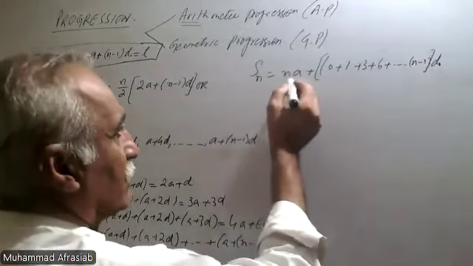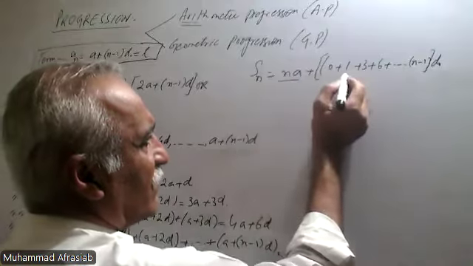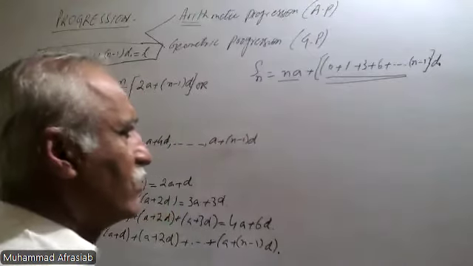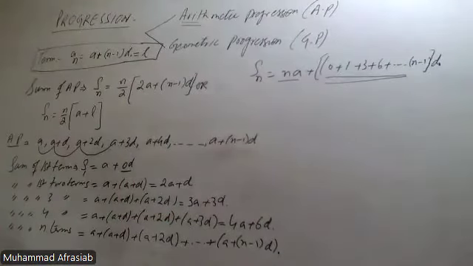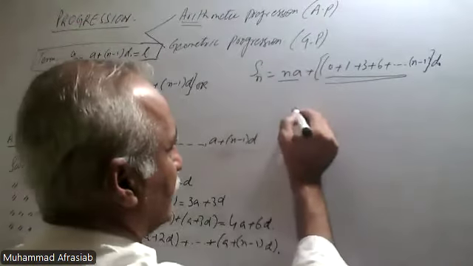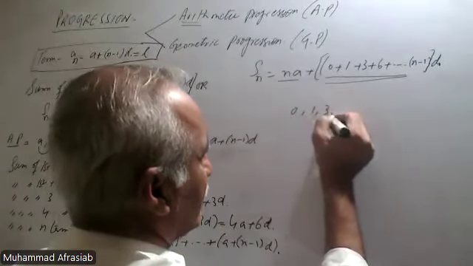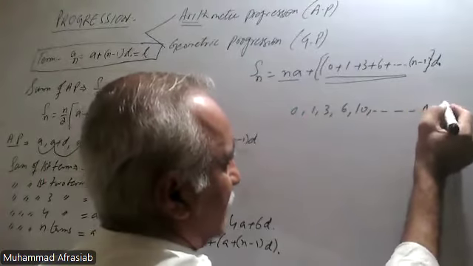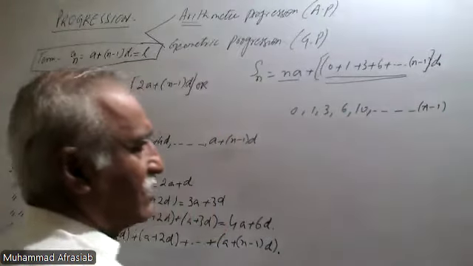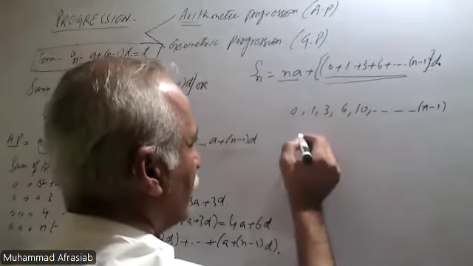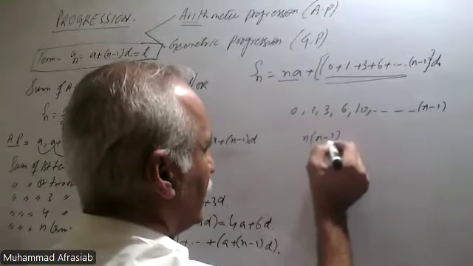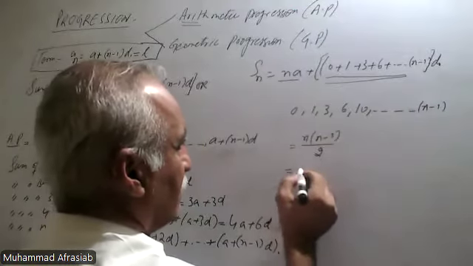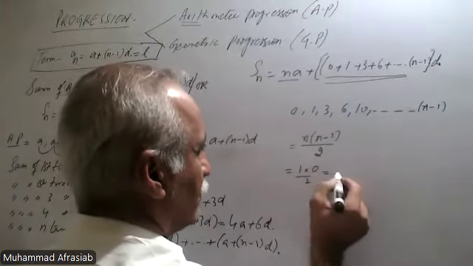So now this is na, and we have to find the rule for this series, which is the nth triangular number: 0, 1, 3, 6, 10, and so on, up till n minus 1. For this, the formula is n into (n minus 1) over 2. If n is 1, then 1 into 0 over 2 is 0.